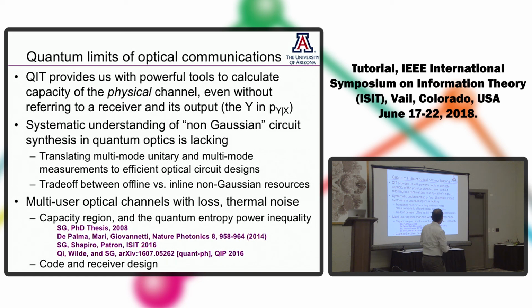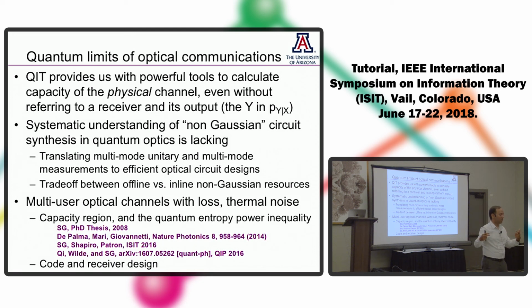Even within those non-Gaussian resources, there is a trade-off between offline and inline non-Gaussian resources. We talked about squeezing as a resource. That's an inline resource, meaning you are putting the light through a squeezer to do something to it. But there are other ways to inject the non-Gaussianity needed to get you that universal power. One example is that you prepare single photon Fock states, just one photon in the pulse, and use that as an ancillary resource.